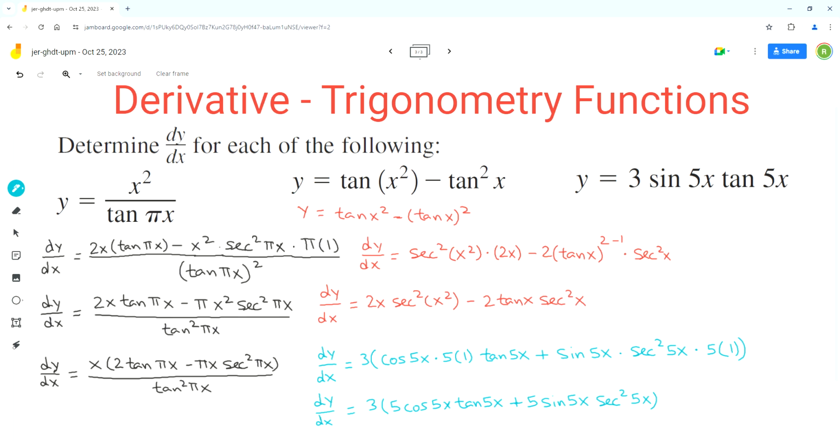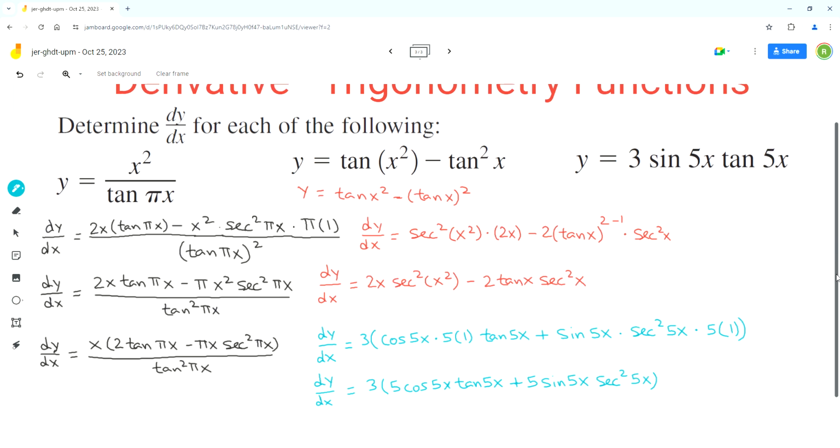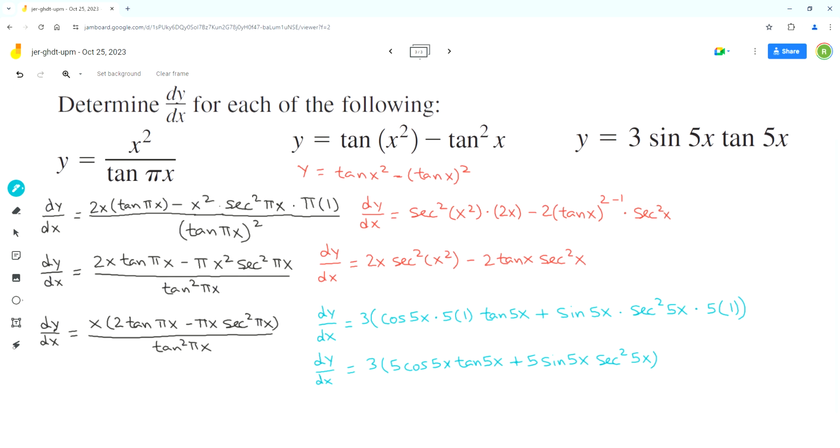Now we can factor out 5 from both terms in the parentheses. So we are left with this.